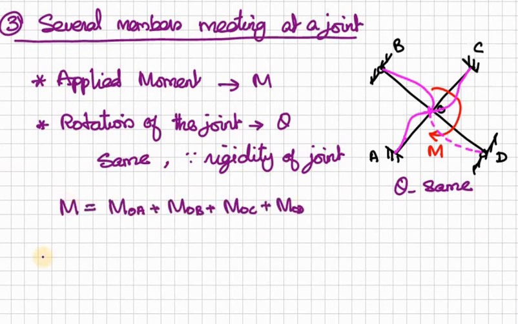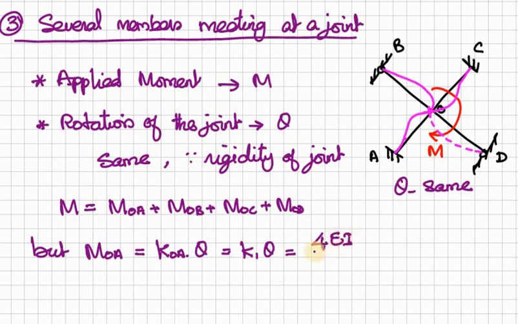But we know how to represent moment in terms of its stiffness and the rotation. That is, M is equal to K theta. That is, MOA is equal to KOA into theta, which we assume K1 theta. So it's equal to 4EI by L into theta.